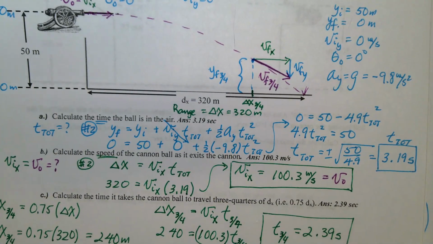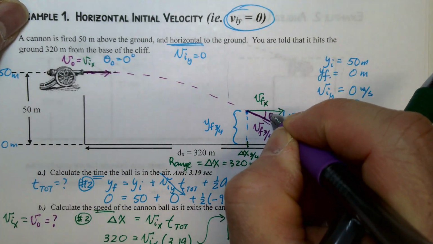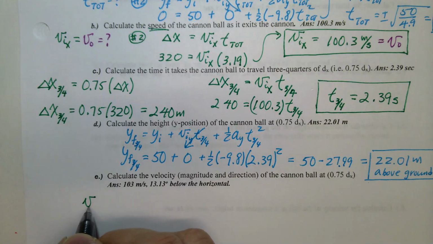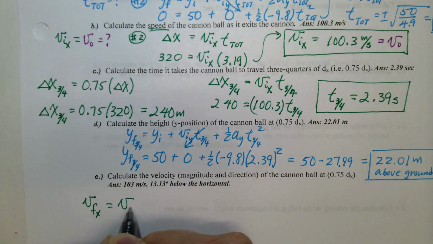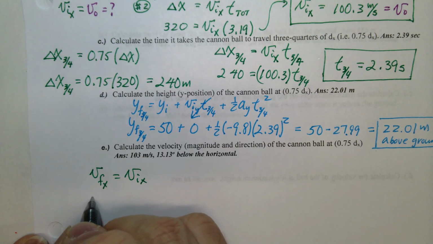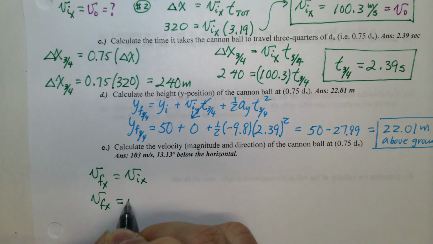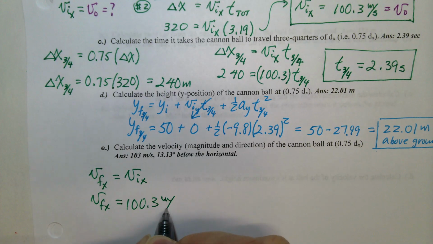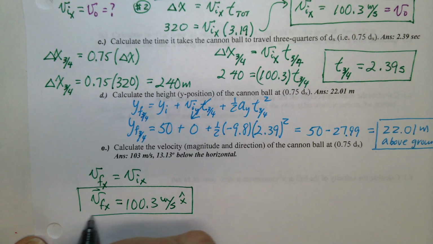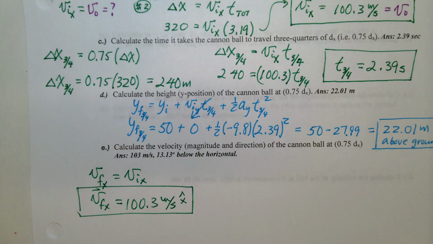We already know that, right? And they want us to calculate the theta, right? So we know vfx is equal to vix, no matter what time it is. It doesn't matter. So your vfx at any time is 100.3 meters per second, in the x direction. However, vfy we have to calculate. We'll finish this up on Friday.